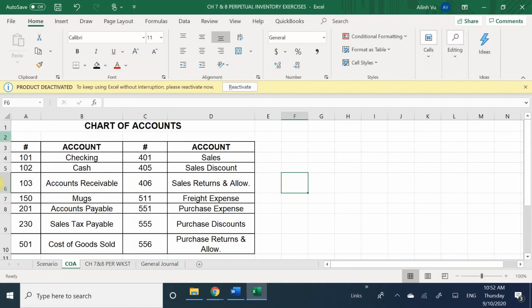So everything's going to stay the same. There's no dealing with any of these extra accounts because these are all for perpetual. The only concept that stays the same would be your sales returns and allowances. In this case, we're dealing with pure perpetual inventory. All we care about is adding everything into inventory and taking out of inventory.